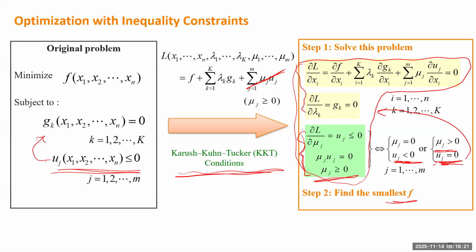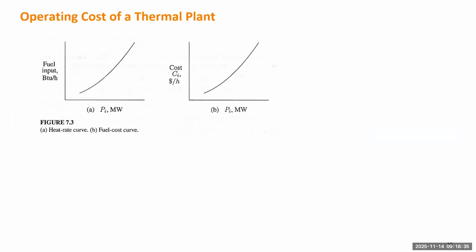So this is what we learn. If you still feel this is confusing, when we go to the real example of a power system, it will be very clear. Okay, so now we are ready to talk about the power system.